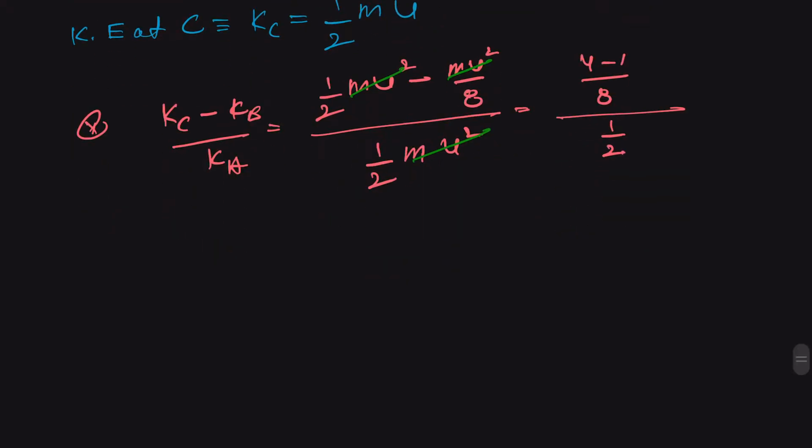So we get 3 by 8 divided by 1 by 2, which is 3 by 8 multiplied by 2, giving us 3 by 4. So this is our ratio. Next question.